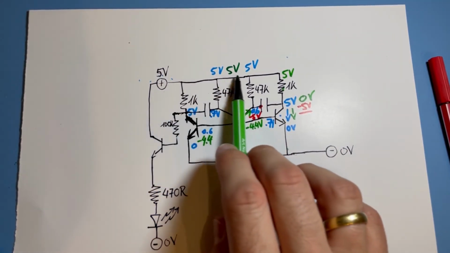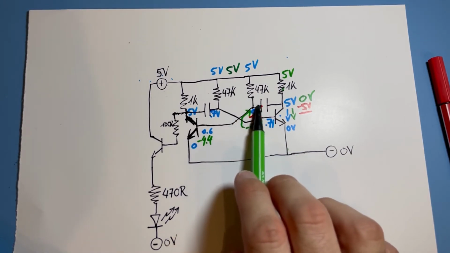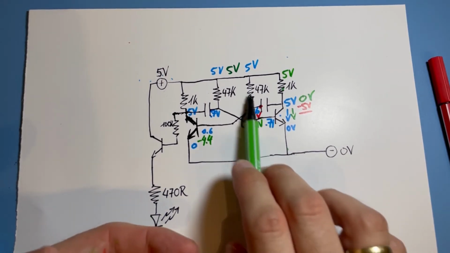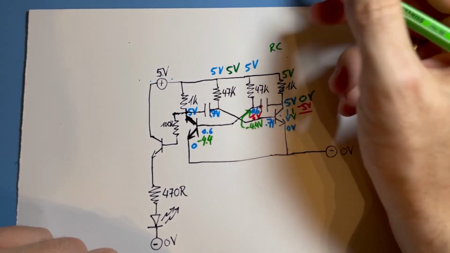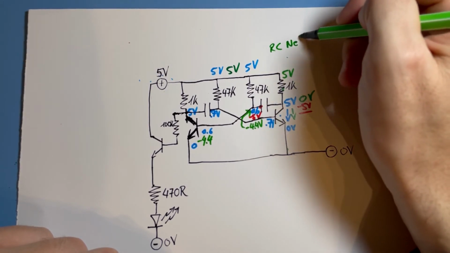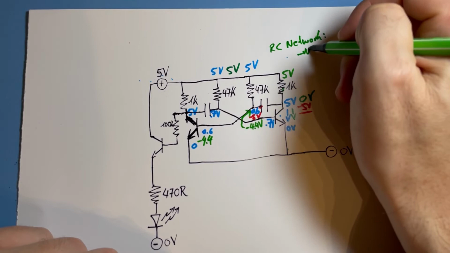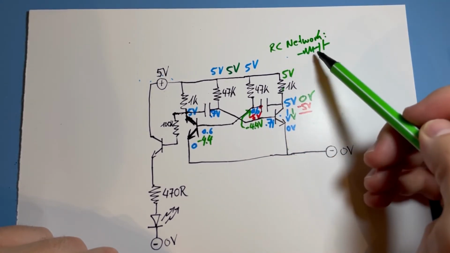As you know, current flowing through a resistor into a capacitor and building up the capacitor charge, that's called an RC network. That's always the thing with resistor and capacitor, like this.